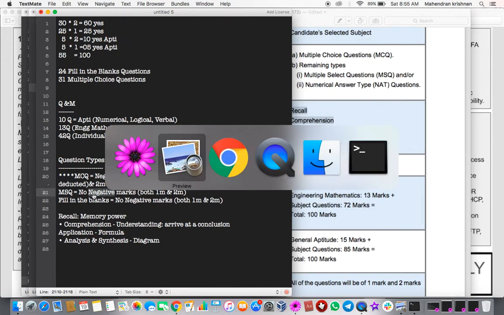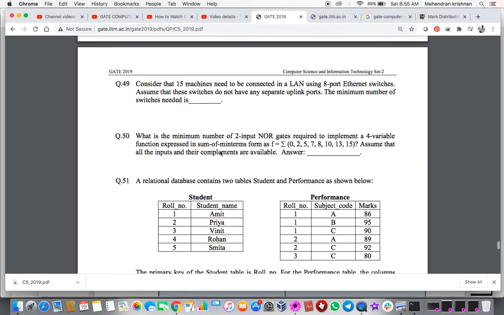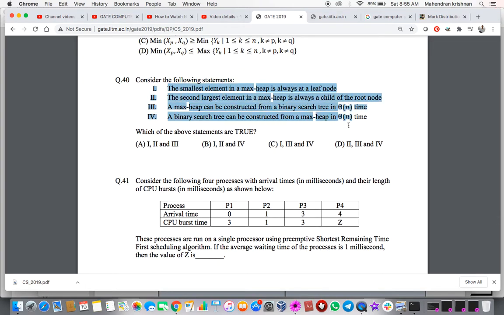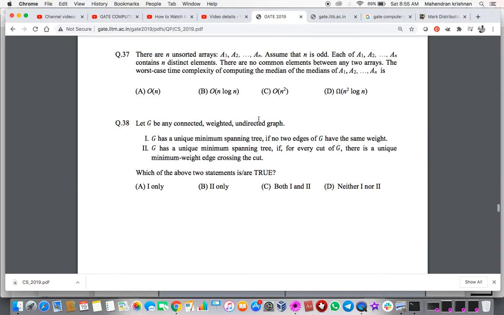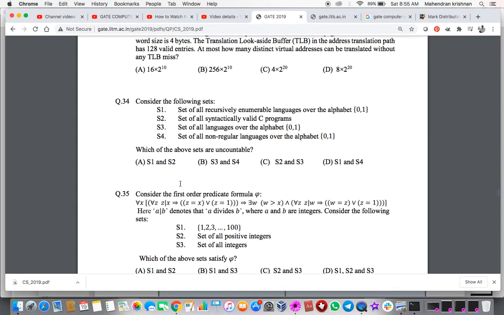MSQs, let me give one example again. This is MSQ. We have statements given, and 1, 2, 3 are correct. So this is multiple select. There is no negative marking in these types of questions. That's why I am explaining it again.